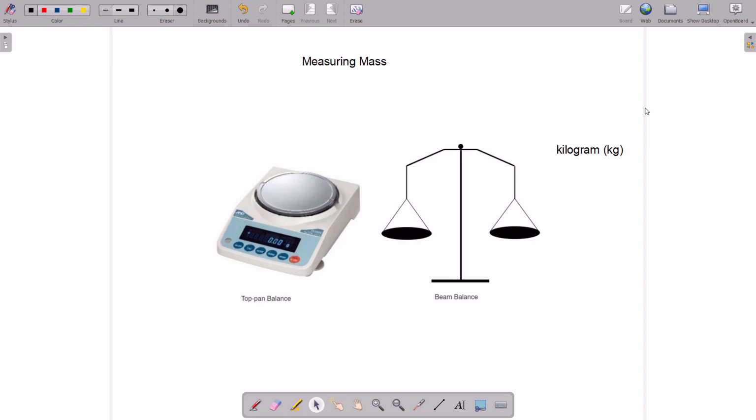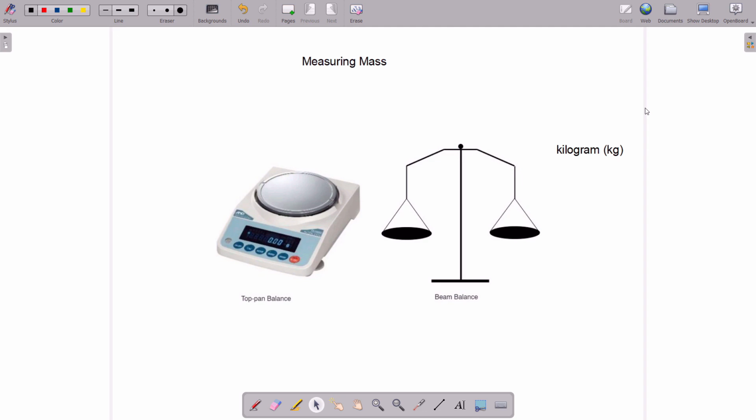A top pan balance is a modern instrument used in measuring mass, and how it works is it detects the Earth's gravitational pull on an object, but then the reading is given in units of mass.